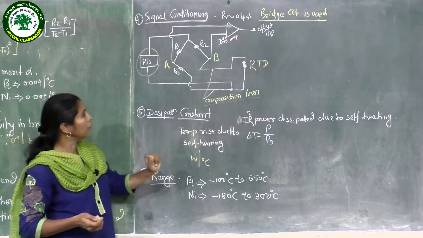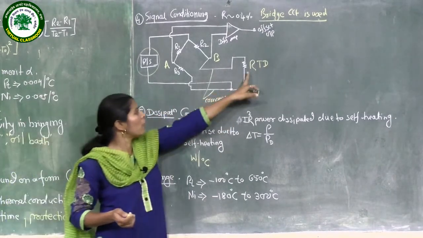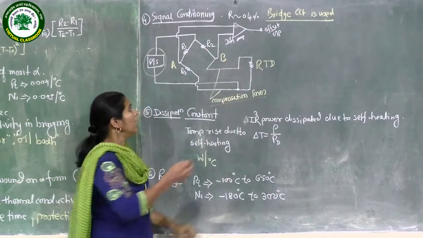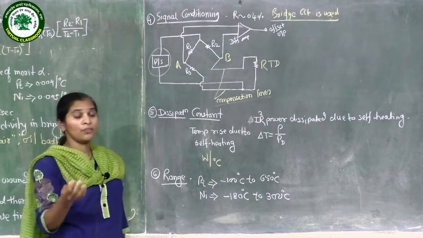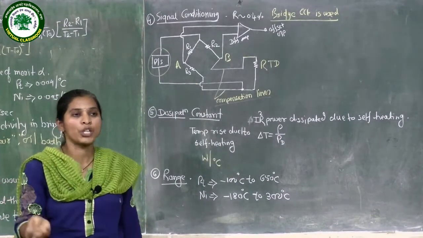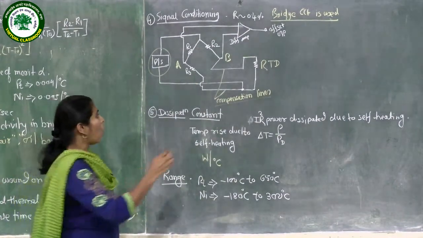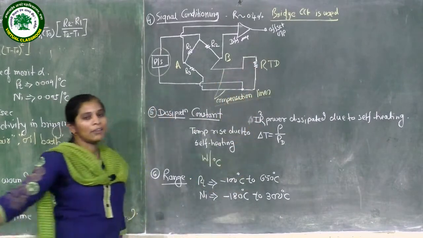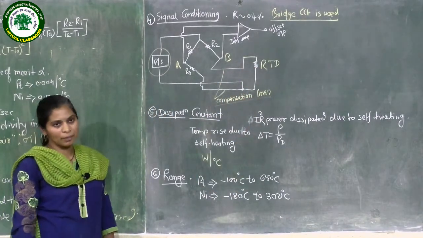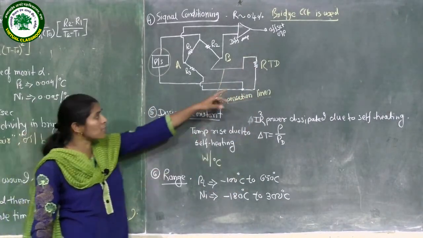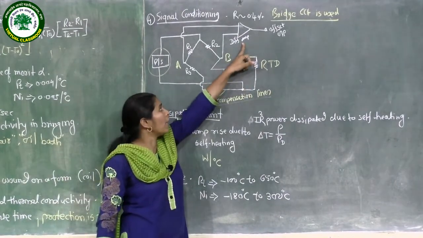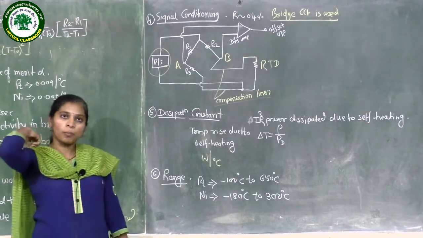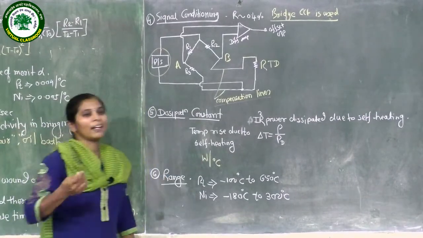If we have kept this RTD, and there is an ambient condition change along this RTD lead, then there will be a change in resistance. If that change in resistance brings a change in our output voltage, then there will be an error.